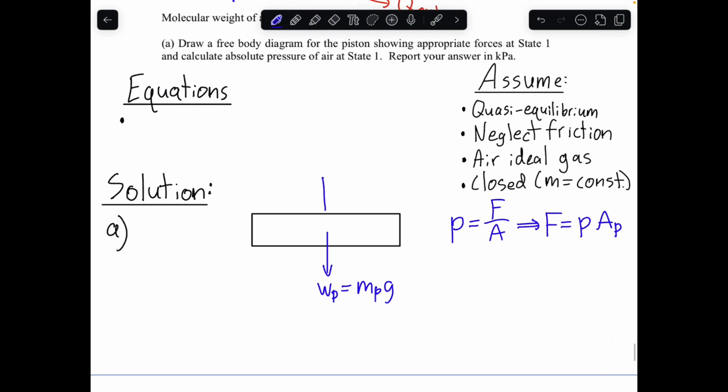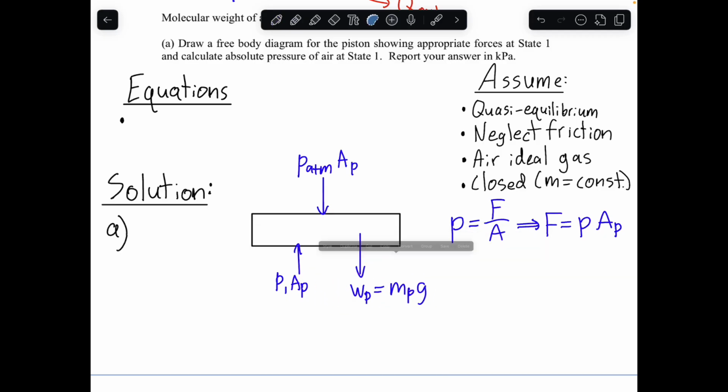We will have a net force from the atmospheric pressure that will just be equal to P atmospheric times the area of the piston. And then on the bottom, pointing upwards, we will have the pressure from the gas at state 1 times the area of the piston that is acting upwards. I'll move these over a little bit. Okay, those are all the forces we have. Remember, we don't have any spring force because it's just touching the piston.